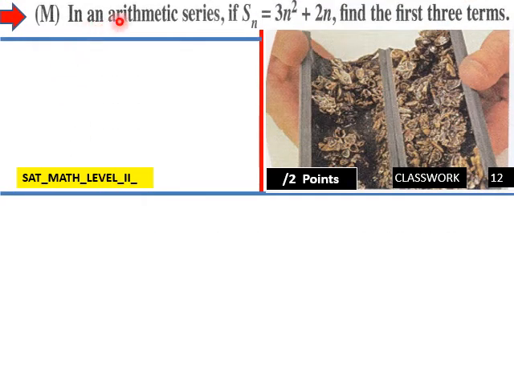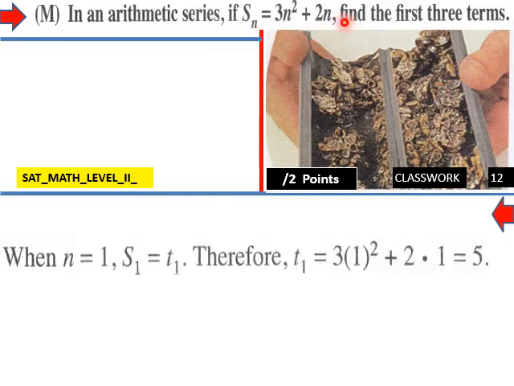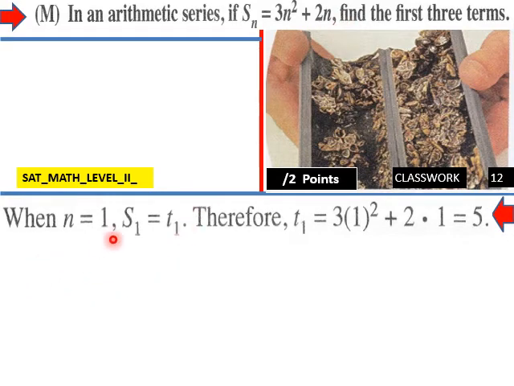M, in an arithmetic series, if S n is 3n squared plus 2n, find the first 3 terms. When n equals 1, S1 equals term 1. Therefore, term 1 would equal 3 times 1 squared plus 2 times 1, which equals 5.